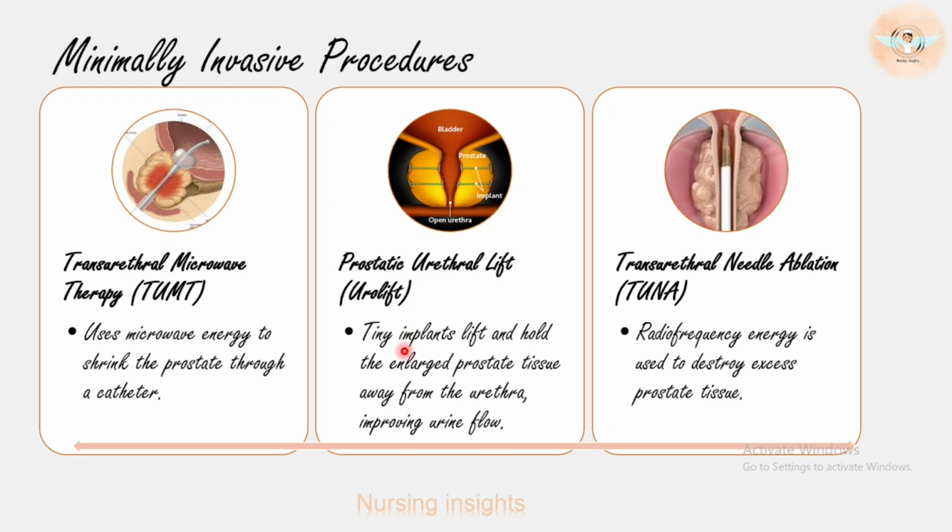Okay, and the next procedure is prostatic urethral lift. Here we use a tiny implant to lift and hold the enlarged prostate tissue away from the urethra, thereby improving the urine flow. Here we can see, they use the implant to lift the enlarged prostate, and thereby it will open the urethra.